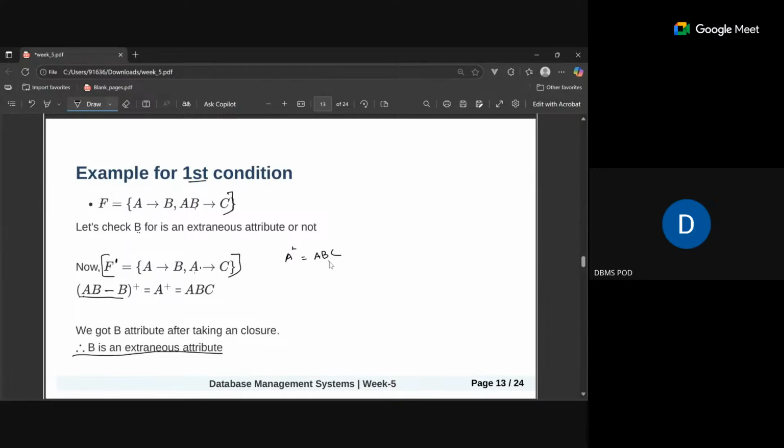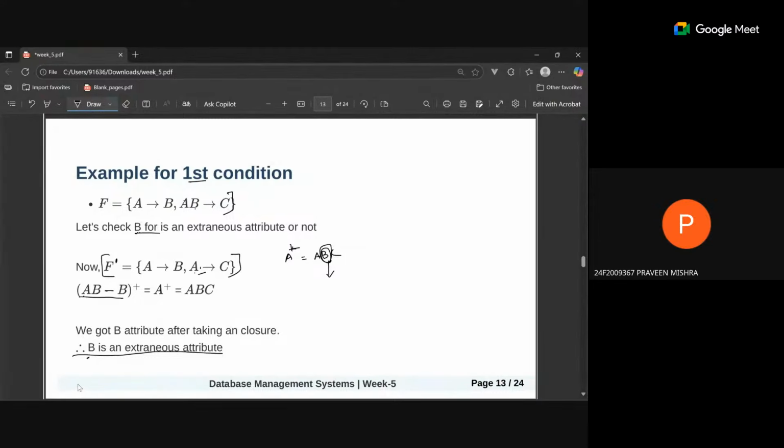After taking the closure, if I get the attribute B back even after removing it in F dash, then it is an extraneous attribute.